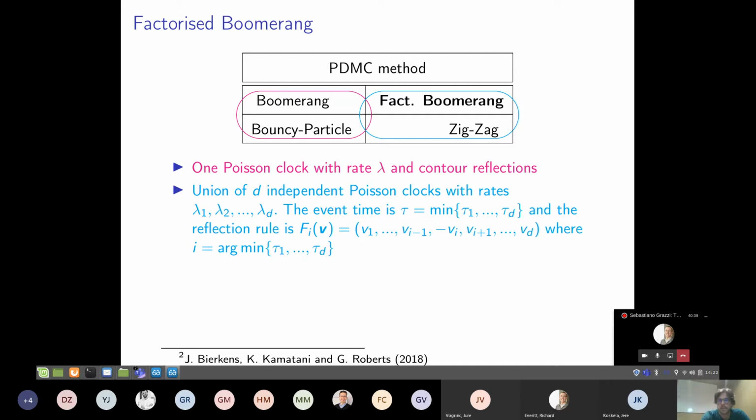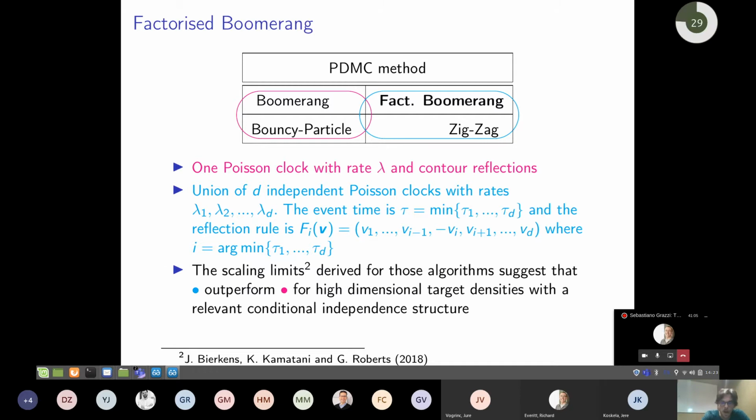The first event time is the minimum of the D Poisson clocks, and the reflection rule is much simpler. It's just the flipping function, capital Phi, which simply changes the sign of the i-th component of the velocity vector, where i is the index of the minimum of the Poisson clocks.